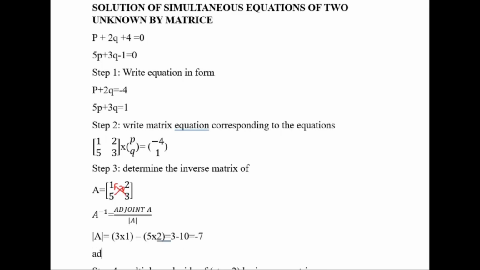Then adjoint A is equal to, so to get the adjoint, we interchange. For this diagonal, 3 comes here, then 1 comes to the place of 3. Then for 5 and 2 you change the signs.